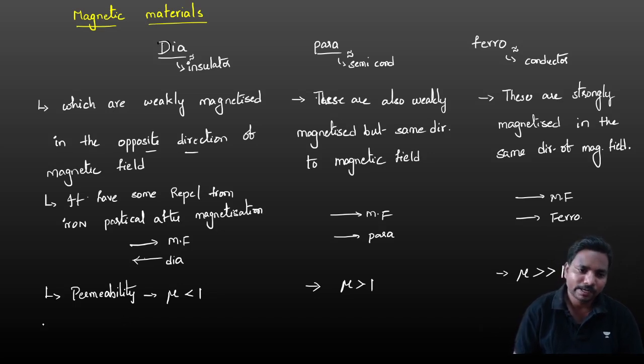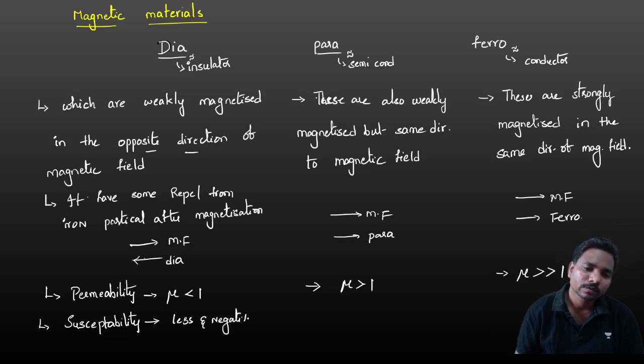And if they are asking about susceptibility, it gives the amount of magnetization. Here, weakly magnetized, so its value is small, and in the opposite direction, so small and negative.